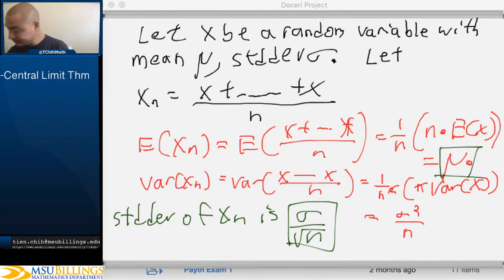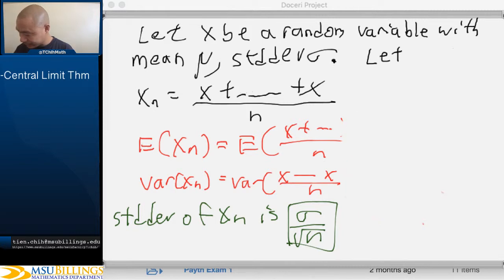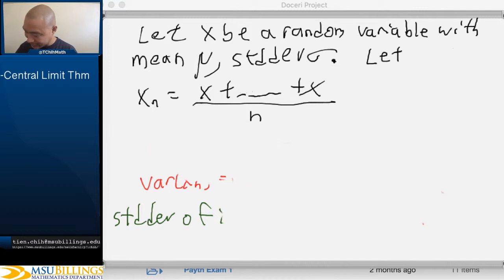So, I'm going to go ahead and erase this bottom part here, because I actually want to continue on with this, because the statement of the central limit theorem has all of this as hypothesis.